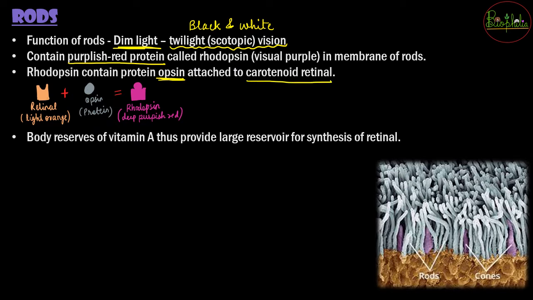So rhodopsin कैसे बना है? Rhodopsin is formed because of two components. The first component being retinal, which is light orange in color, whereas opsin, which is the protein part, that is going to comprise together the rhodopsin, forming the deep purplish red color, right?